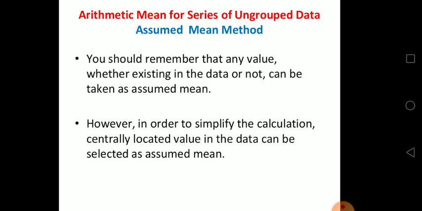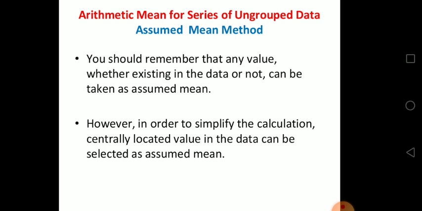You can use any value, whether existing in the data or not. You can take it as your assumed mean. However, in order to simplify the calculation, it is advisable to choose a centrally located value in the data as the assumed mean.